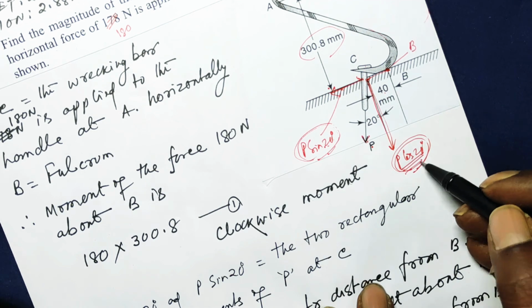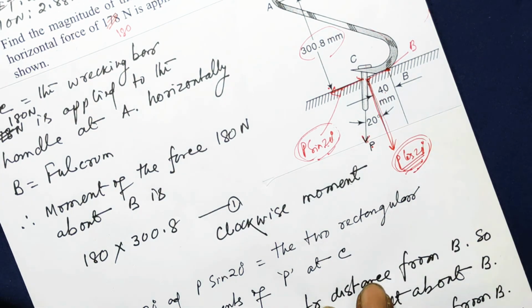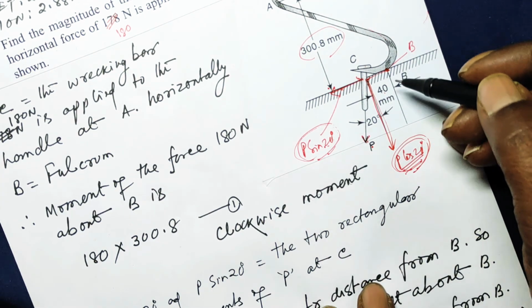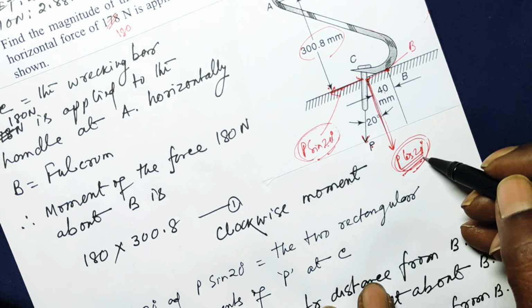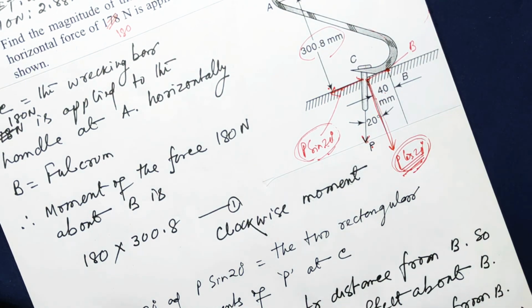So P cos 20 will provide an anticlockwise moment about the point B, and that will be P cos 20 times 40 mm.